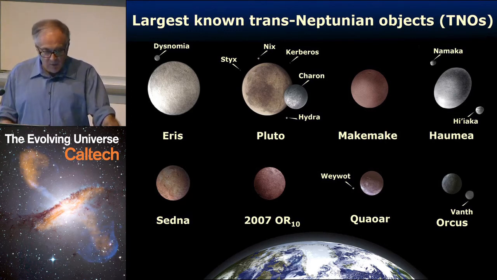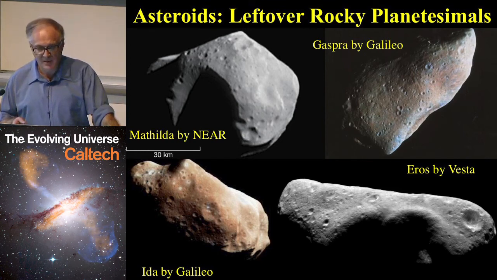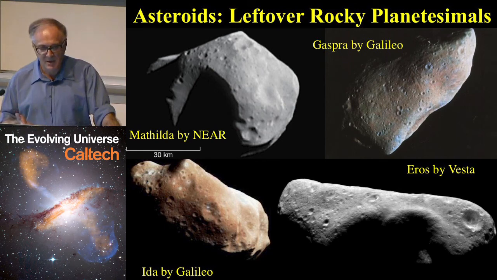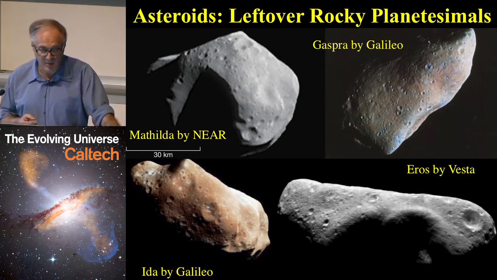Now, we actually can do better than that if we're looking for fossils of solar system formation. First, there are asteroids. They're essentially rocky planetesimals. You may recall from last time, as you start condensing the protoplanetary nebula disk, you go from dust into bigger chunks and rocks that stick together and make these big rocks like asteroids, which may be tens or hundreds of kilometers in size, and then they accumulate to make planets.